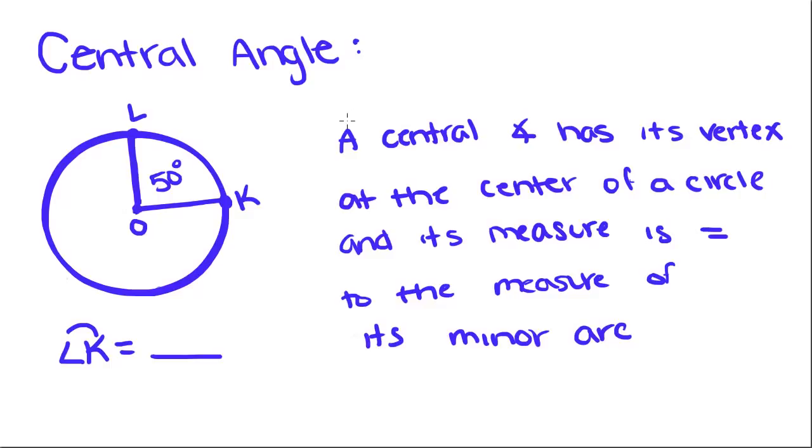So now we have what's called a central angle. And a central angle has its vertex at the center of a circle, and its measure is equal to the measure of its minor arc.